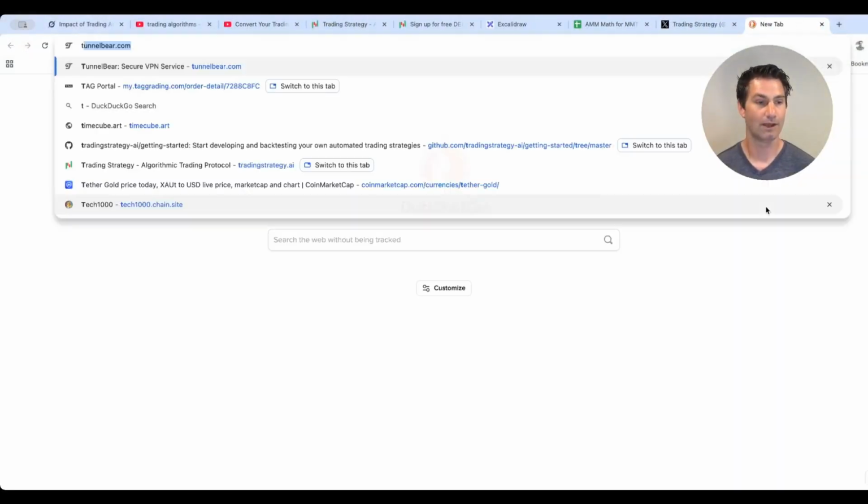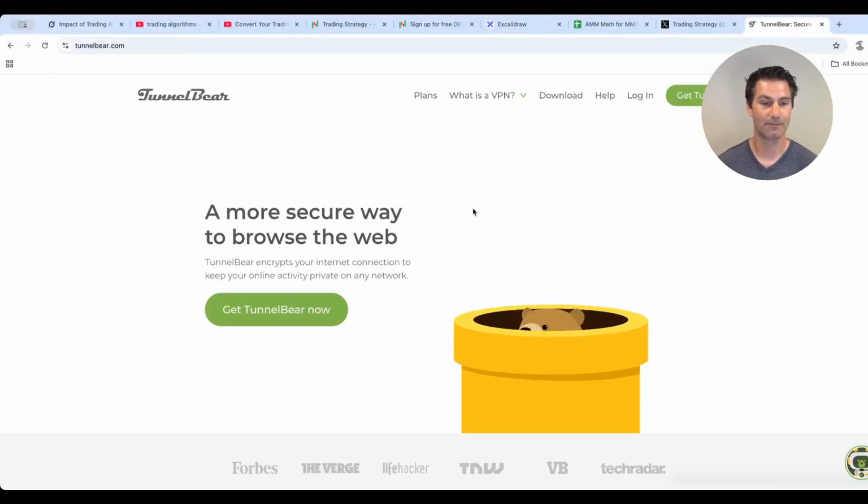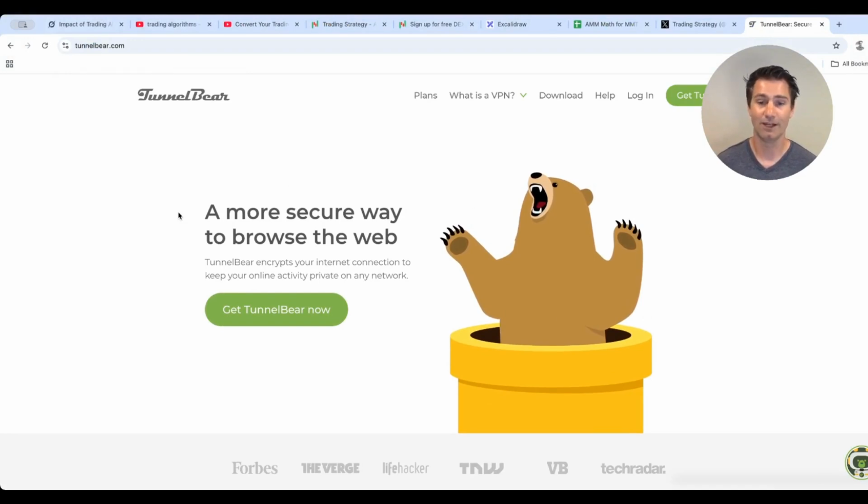And the best VPN that I could find here that's free was called TunnelBear. And so let's go ahead and see what that looks like. So if we come back over here, when I go to tunnelbear.com, more secure way to browse the web. Okay, great. So I did look into this and it has a little client. So I installed that client here.